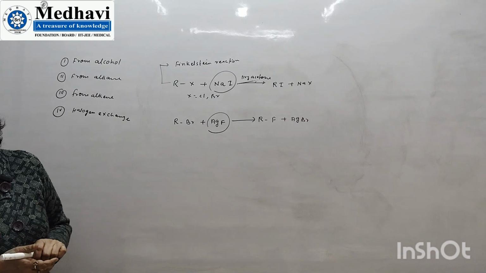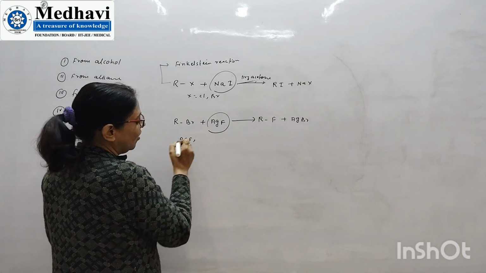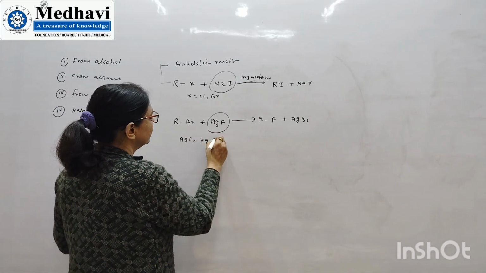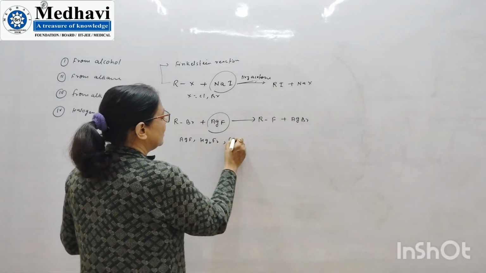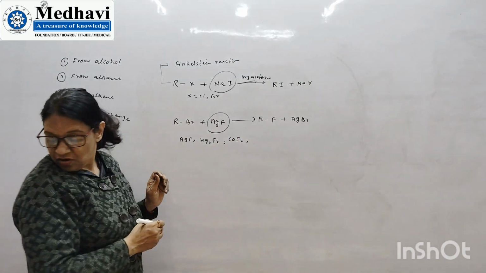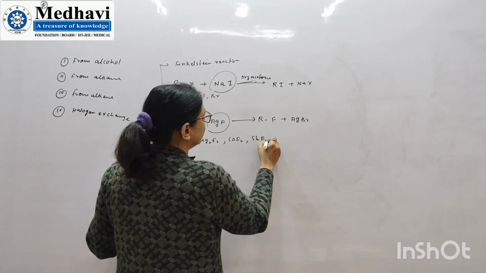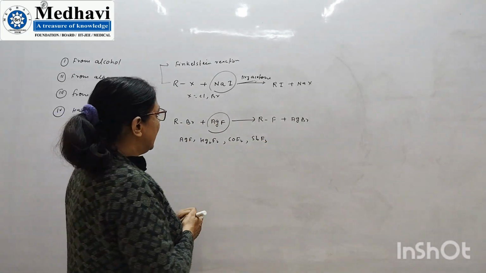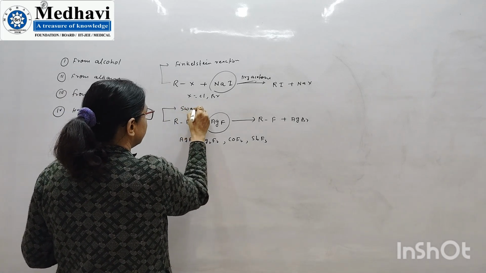Here the reagent must be either AgF, or Hg2F2, mercurous fluoride, or cobalt fluoride, or antimony SbF3. So these are the reagents we can use here, and this reaction is called the Swarts reaction. Very, very important reaction.